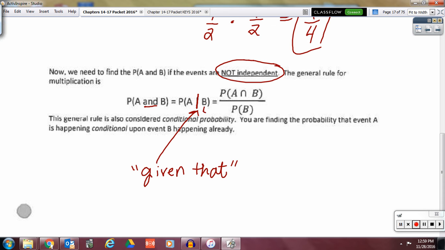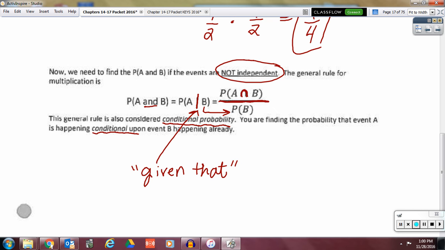Basically, out of all the B stuff that's happening, what is the probability of the A and B happening? I need A and B. What portion is the A and B happening at the same time? This is called conditional probability, because you are finding the probability that event A is happening conditional upon the event that B has already happened. B has already happened, so now what's the probability that A is happening as well?